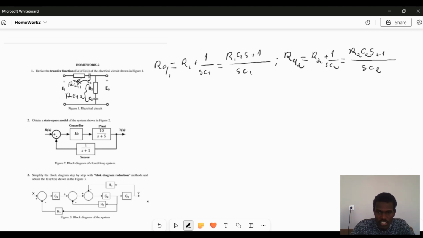Let's redraw the circuit again, like this. We can call this E input and this E output, and you can call this R equivalent 1 and this R equivalent 2.